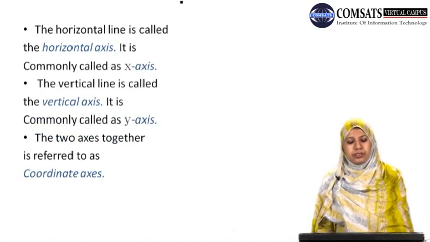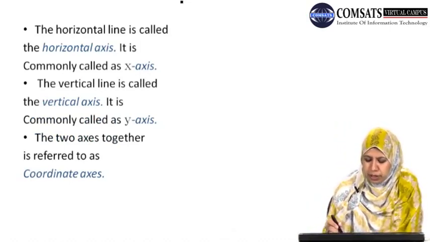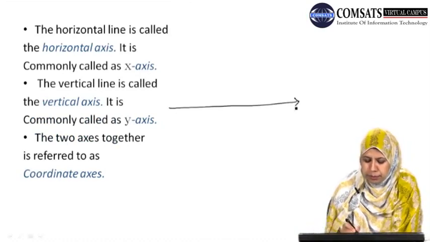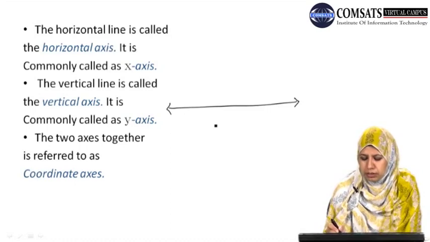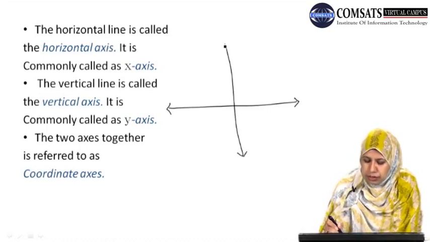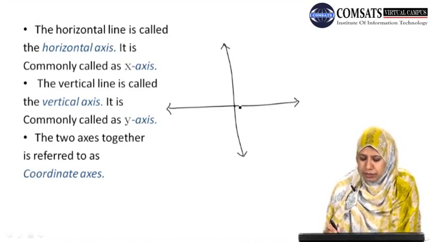We have a horizontal line which is a real number line, and we have a vertical line. This is also a real number line, and they intersect at their respective zeros.